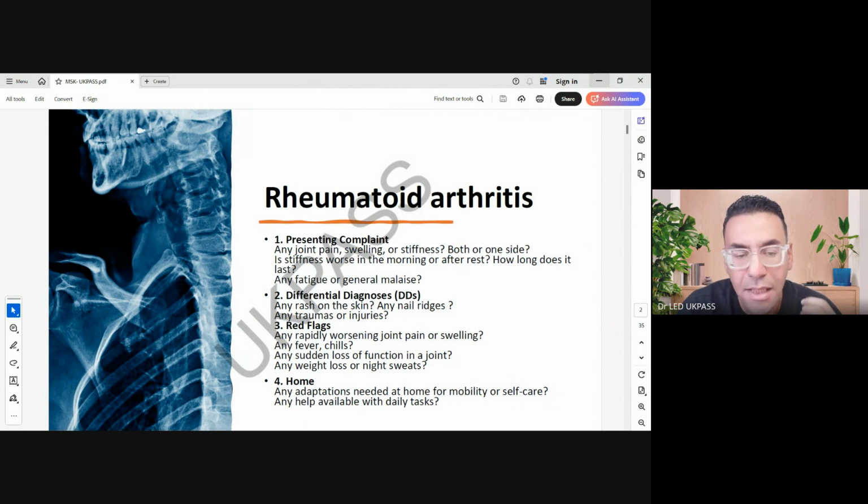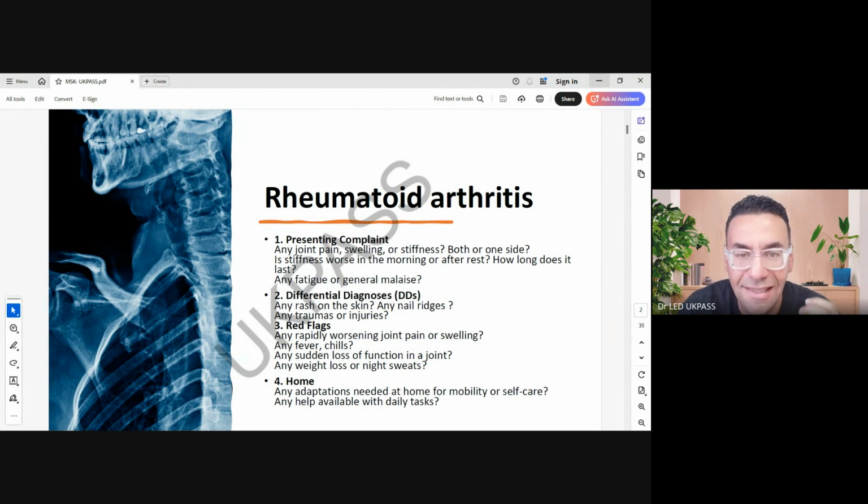Now, differential diagnosis. This is your second part in your bubble. Remember, we've mentioned bubbles before. This bubble is presenting complaint, differential diagnoses, and red flags. This is how you will sound very structured. Don't float between bubbles. Any rash on the skin, any nail ridges as a differential diagnosis.